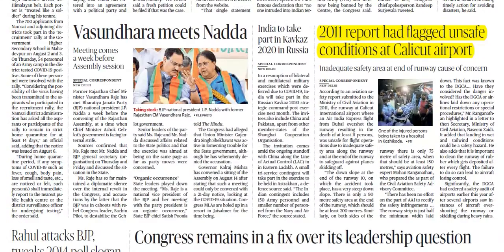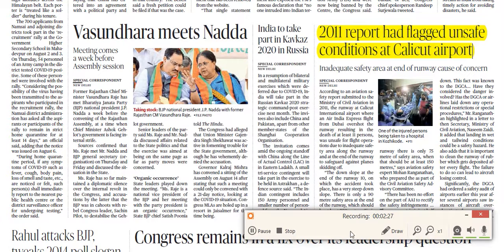If you read this news article, the 2011 report had flagged unsafe conditions at Calicut airport. Basically it is saying that in 2011 itself, as of now we are living in 2020, there was a report from the Directorate General of Civil Aviation that highlighted the problem with respect to the Calicut airport.